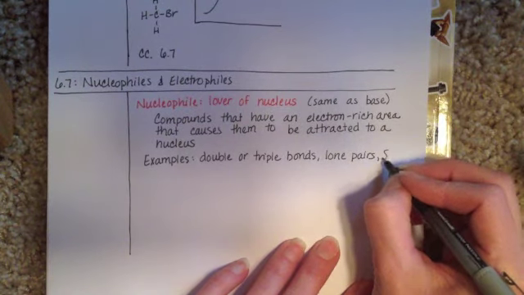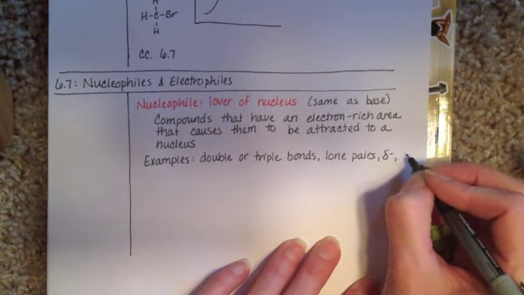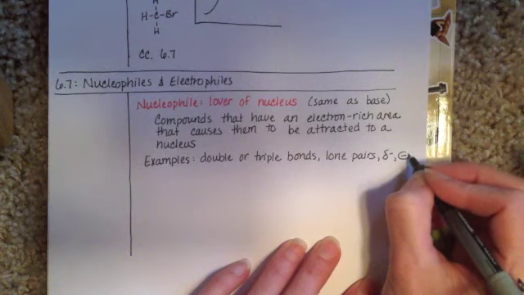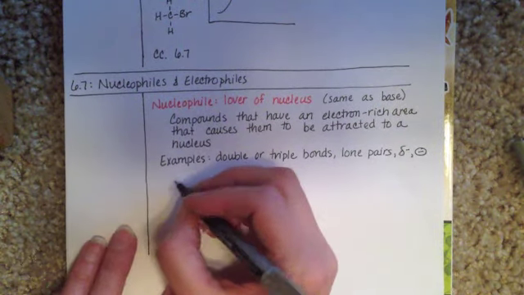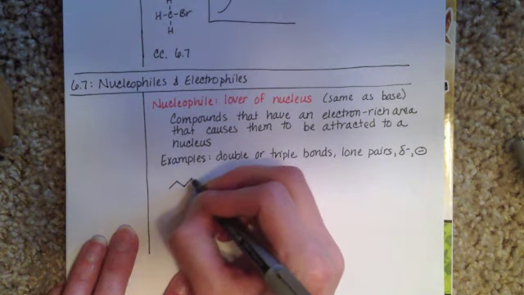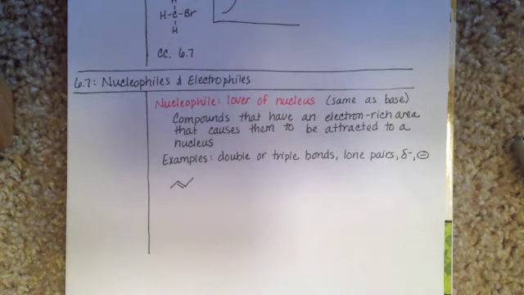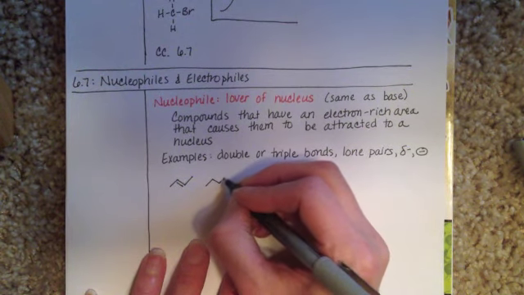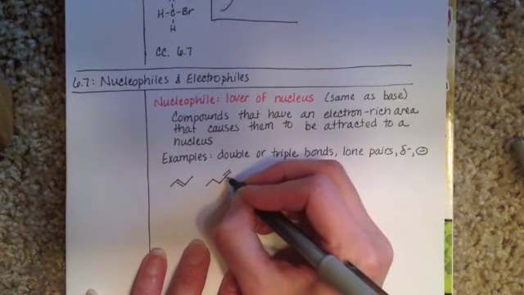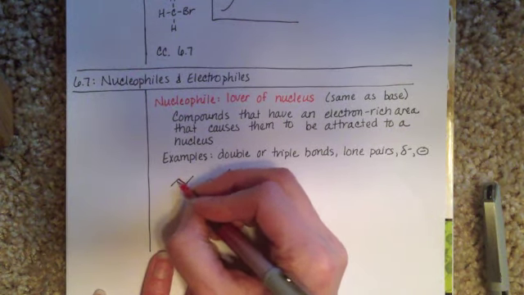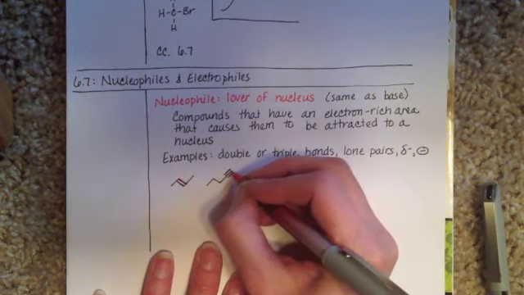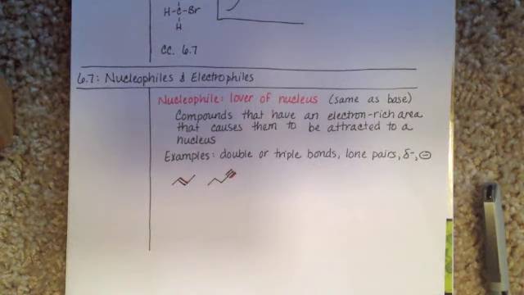And partial negative charges, or true negative formal charges, full-on formal charges. Visual examples would be an alkene or an alkyne, both of these being the areas of nucleophilicity.